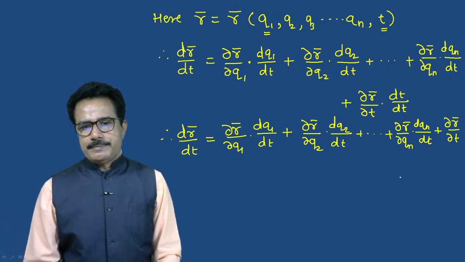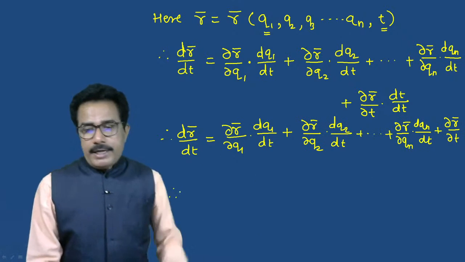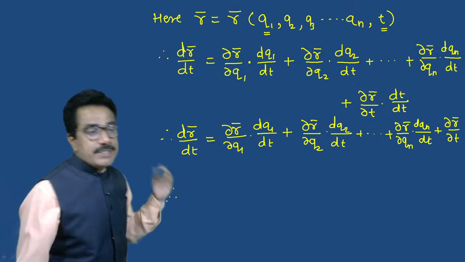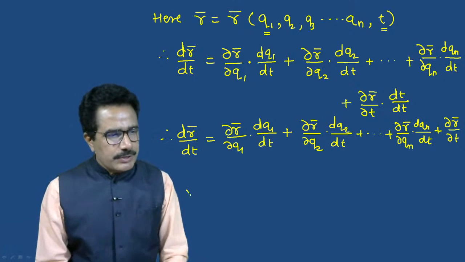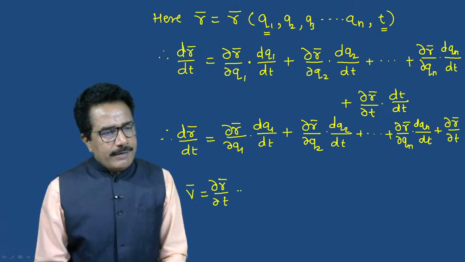See this. Now this is also denoted by v bar. Rate of change of displacement means velocity, the generalized velocity, which is given by v bar.